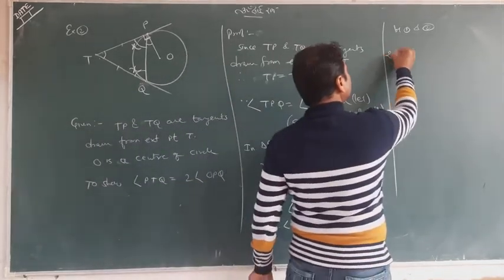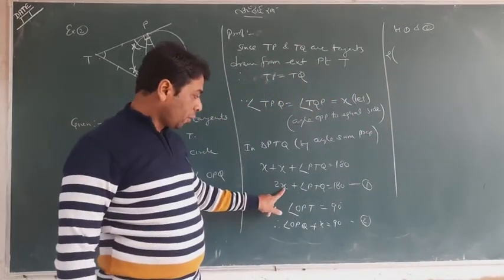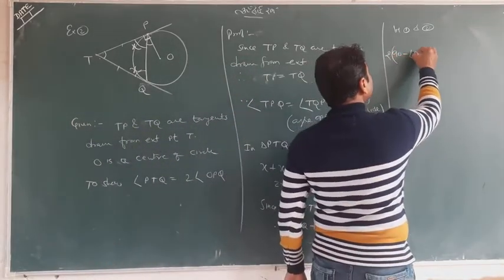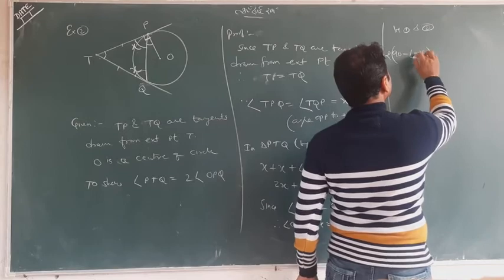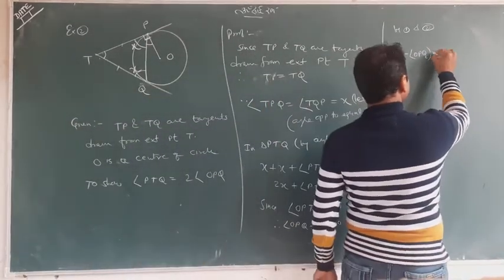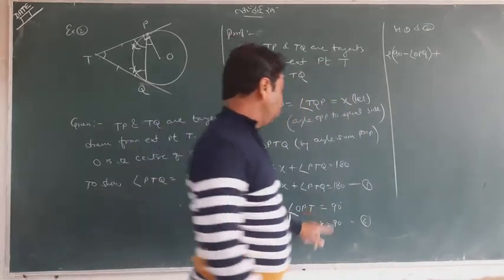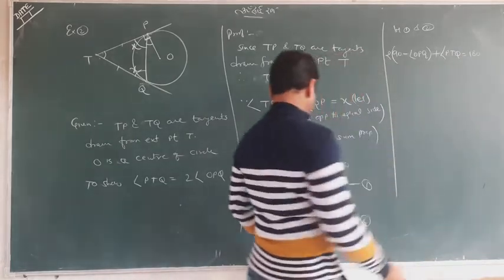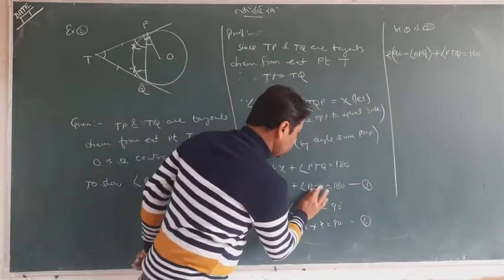What will we get? Instead of X, I am writing 90 minus OPQ, plus angle PTQ is equal to 180.